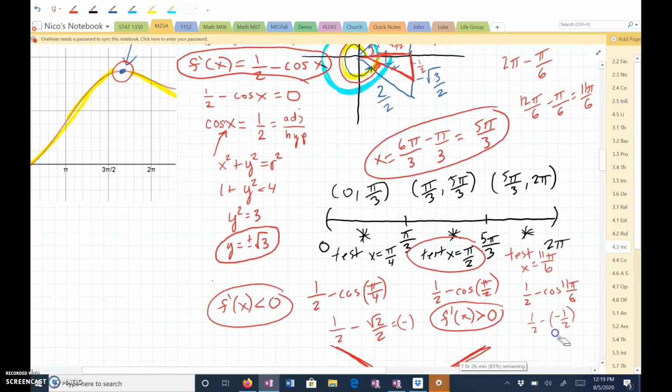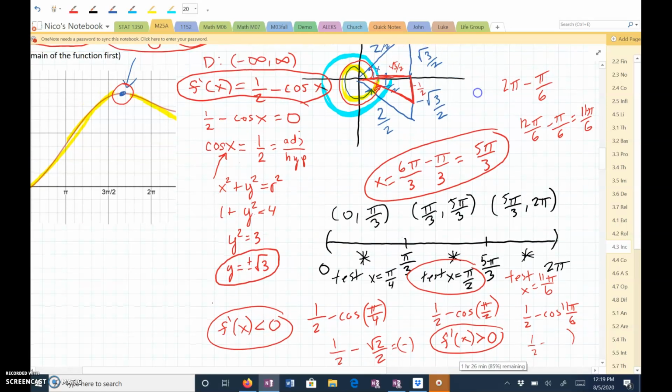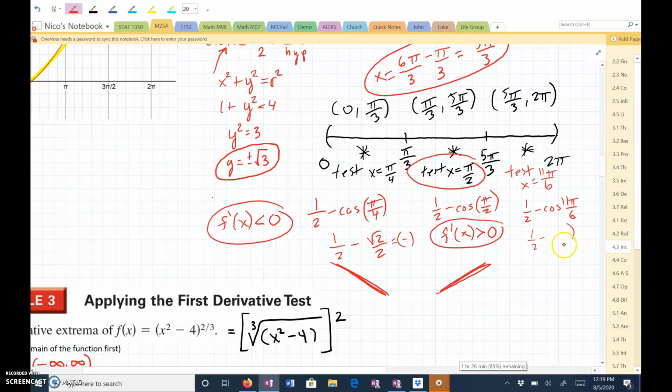This shouldn't be negative 1/2 because cosine is adjacent. So the adjacent side is actually the square root of 3 over 2. So this would be negative. So here the derivative of f of x is going to be less than 0, so that's going to decrease.